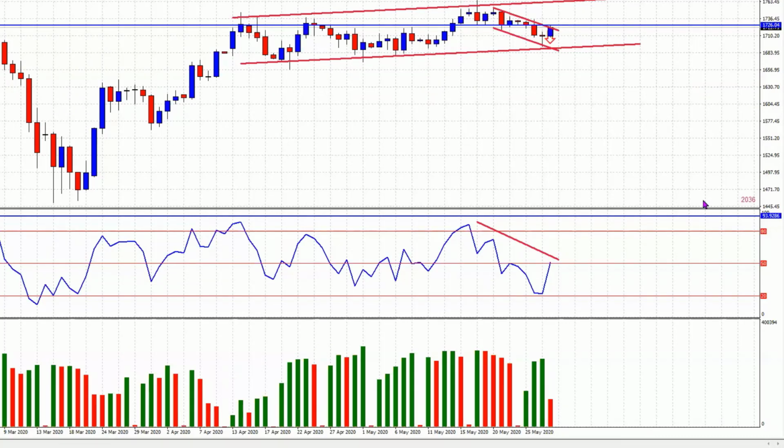Now, no trade is 100% clear. I must say that pin bar over there is quite a good argument. I would say wait for another.